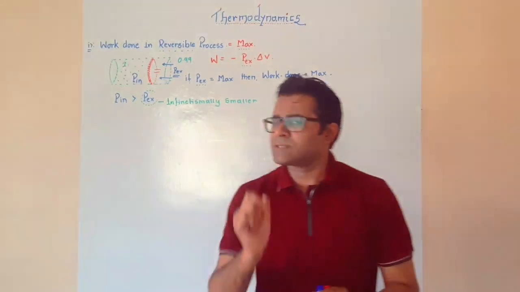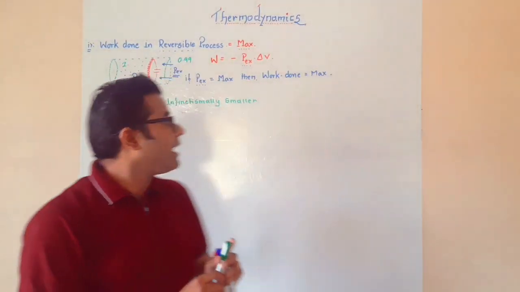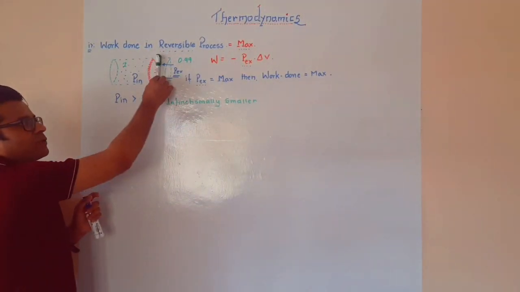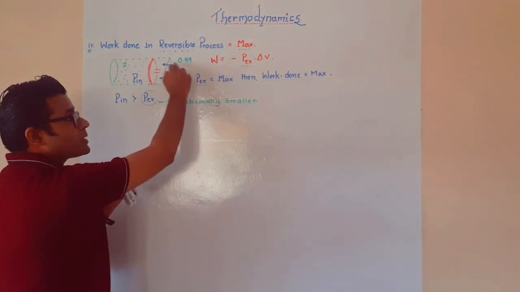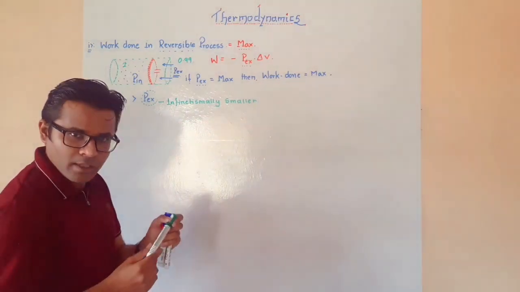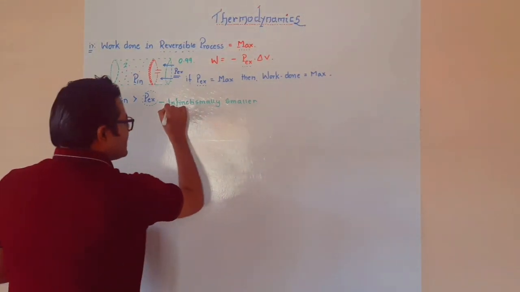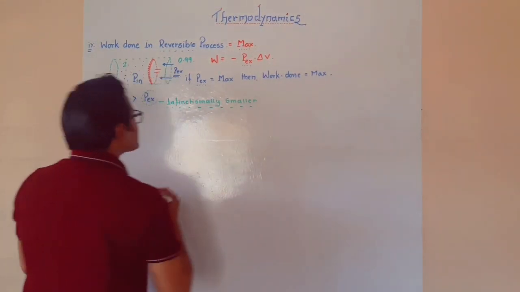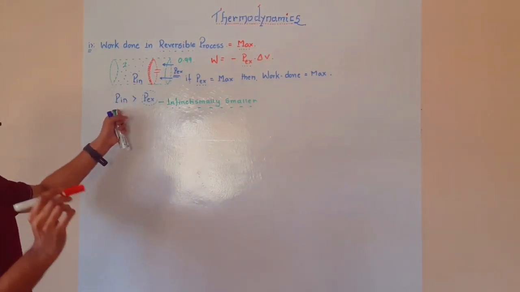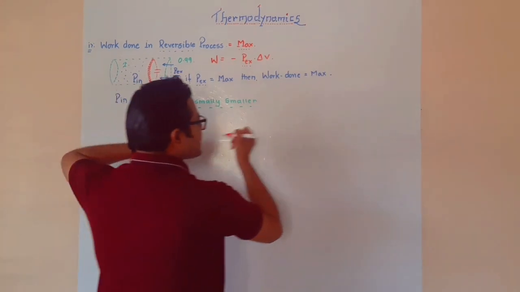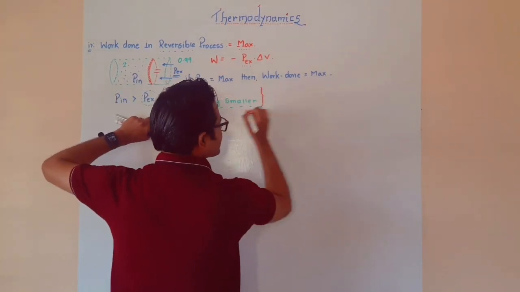At this condition, the piston can go either inside or outside with a small change in pressure. So if your external pressure is infinitesimally smaller than the internal pressure, this will give rise to the reversibility condition.